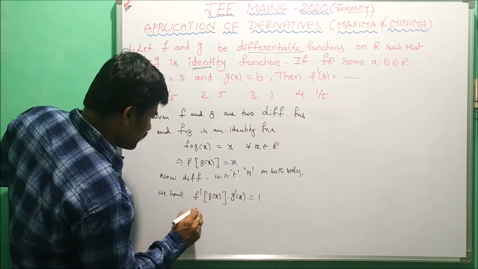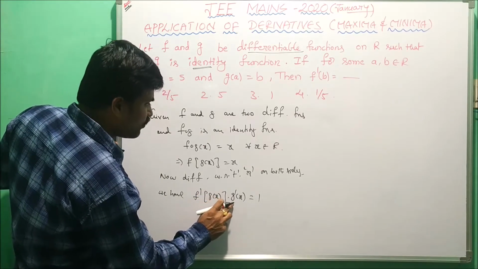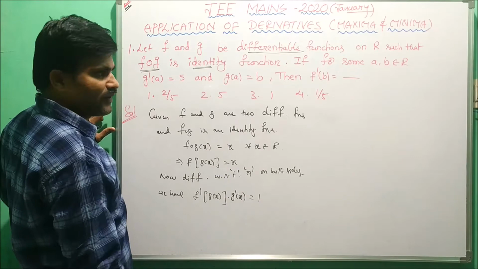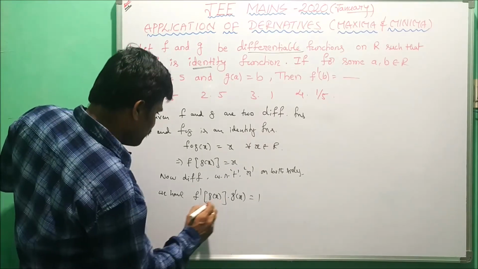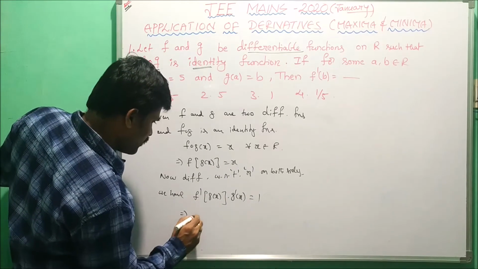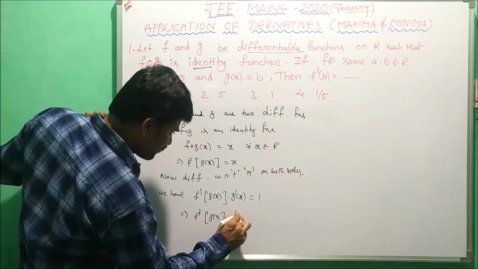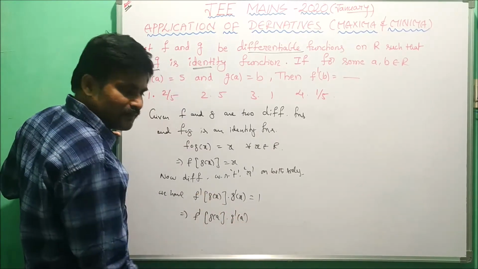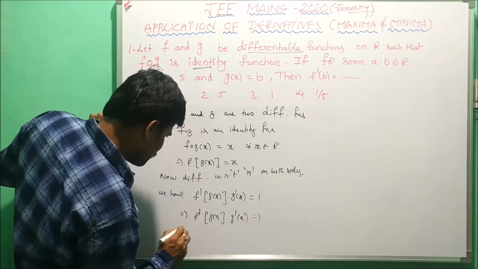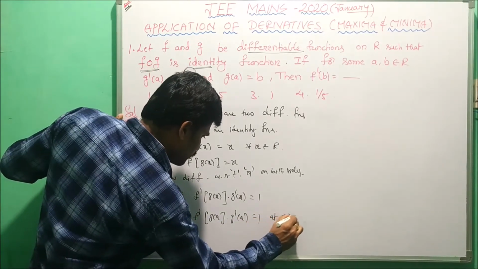Here we observe that f dash of g of x into g dash x equals 1. Now from this, f dash of g of a into g dash of a, at x equals a, is also 1.